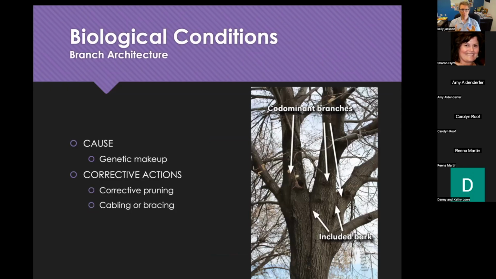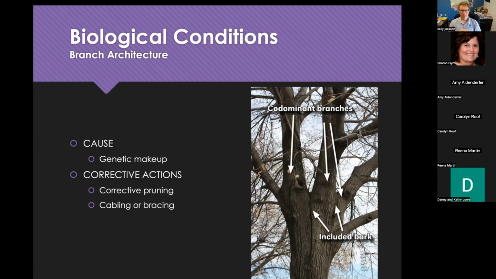Here's one that you can address. Okay, branch architecture. Some trees have a tendency to form forked branches, a forked trunk. If that's left unchecked, if you aren't properly pruning and training that tree when it's young, then you can get something similar to what's in this slide.